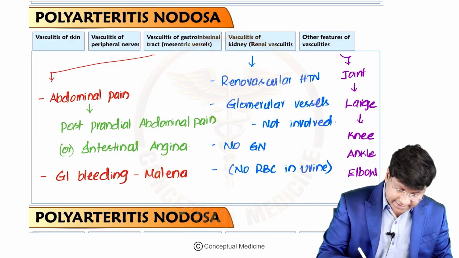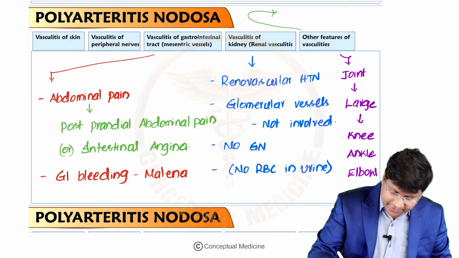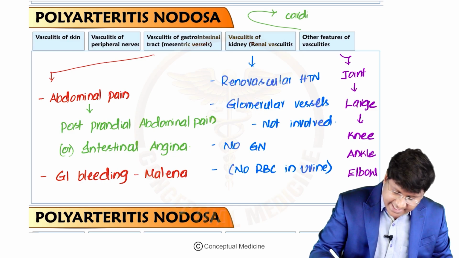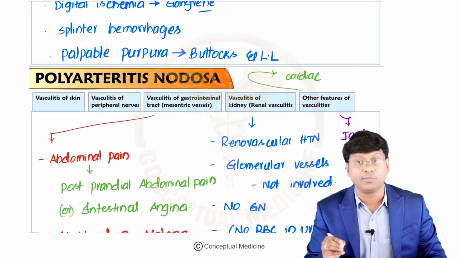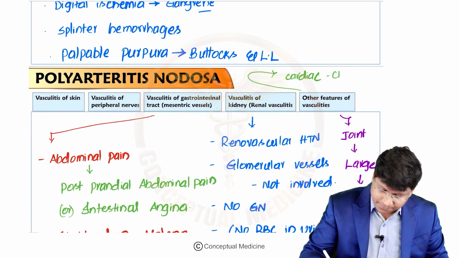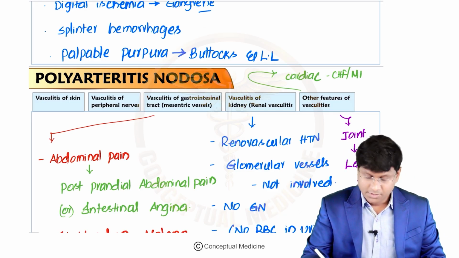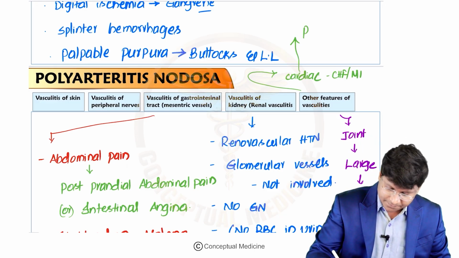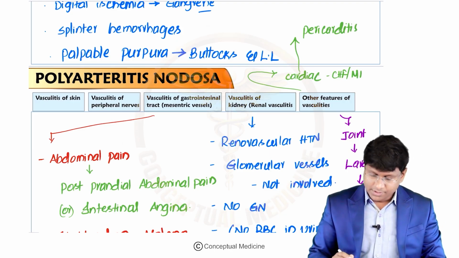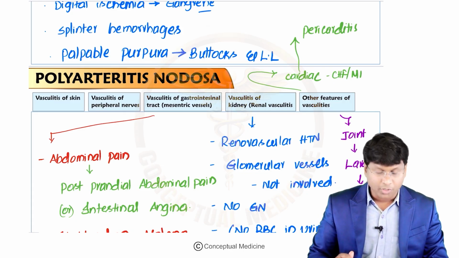And in patients with polyarteritis nodosa, there is also involvement of the cardiovascular system. This cardiac involvement will be in the form of congestive heart failure, myocardial infarction, or even pericarditis.